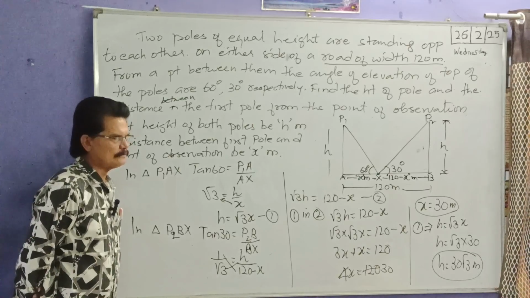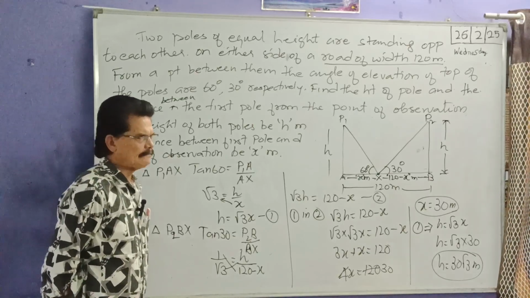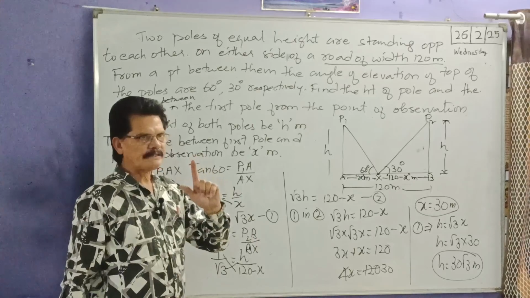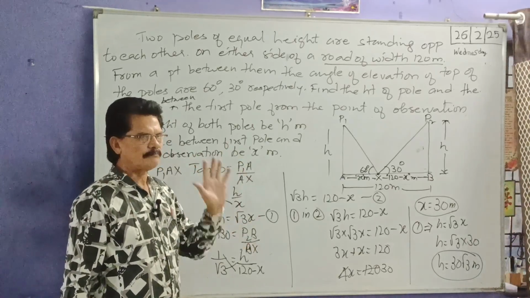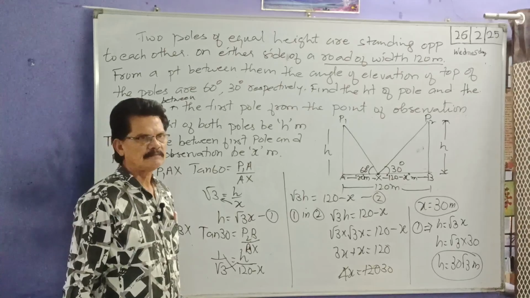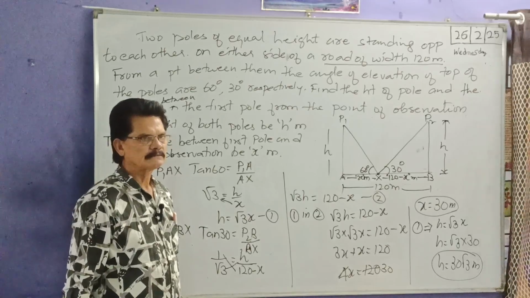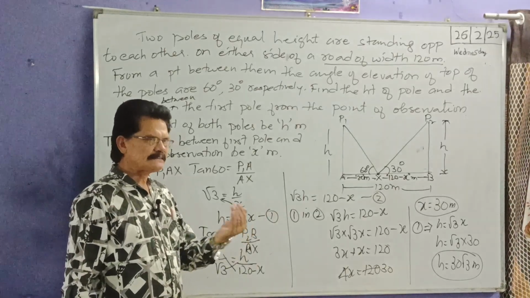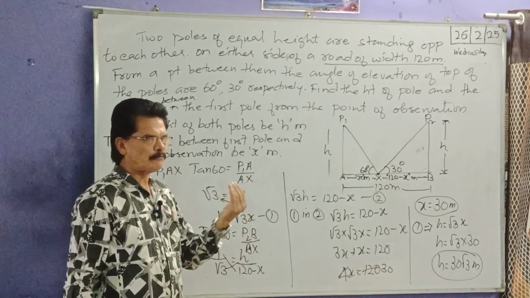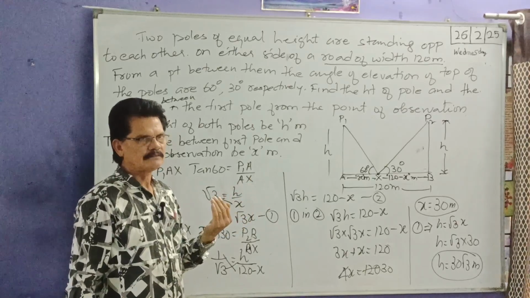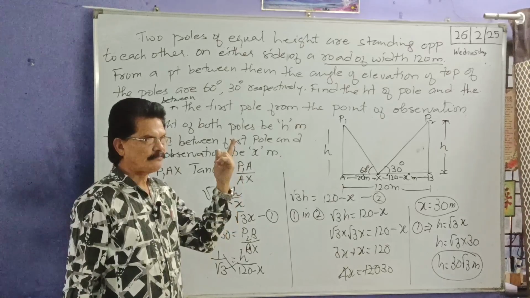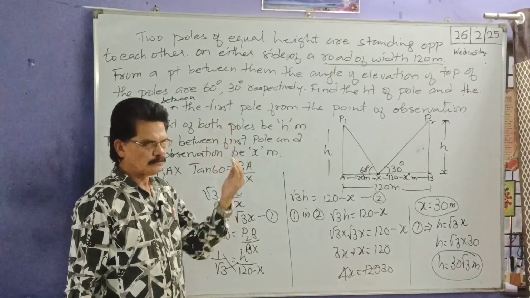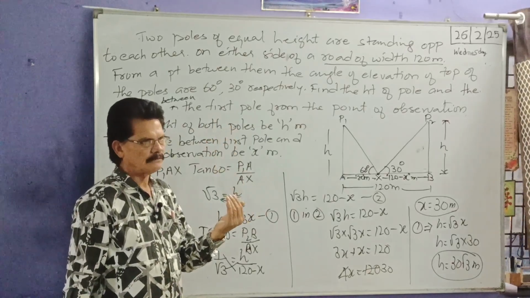Here what you have to know correctly? Point number 1: the point of observation is not exactly in the middle. It is a little nearer to the first pole. Why? Because the angle of elevation is 60 degrees, so it is nearer to the first pole.